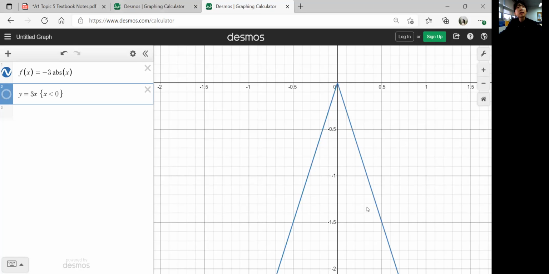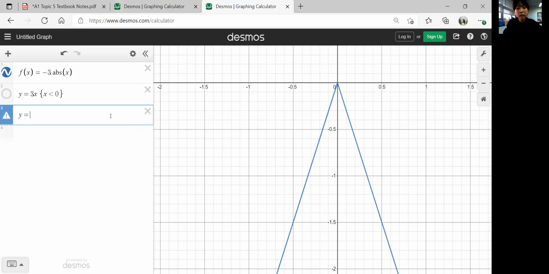How about this side? Well, you count the slope again. You go down 1.5. So negative 1.5 over positive 0.5. It's still going to be 3, but it's negative 3. It's a negative line.